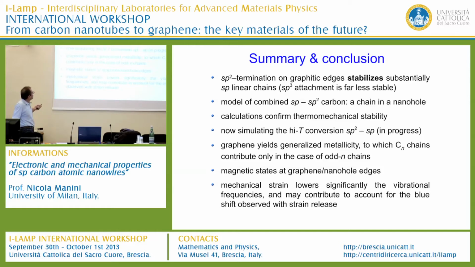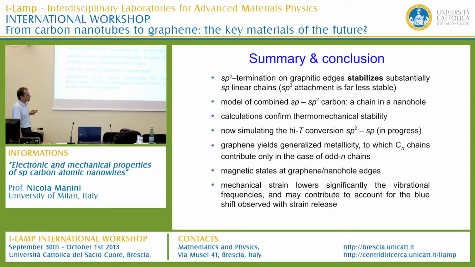We also have simulated the high temperature conversion, which I already showed you a little bit of in movies. In general, graphene gives a metallic character to the sample, but the chains contribute to metallicity only for the odd case.